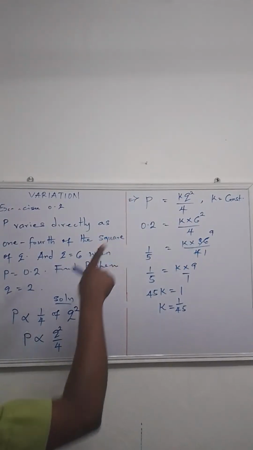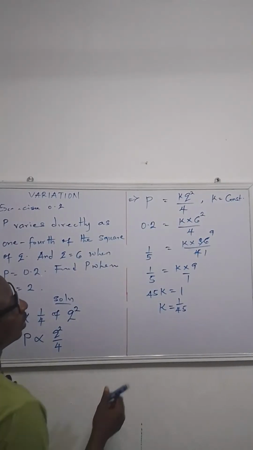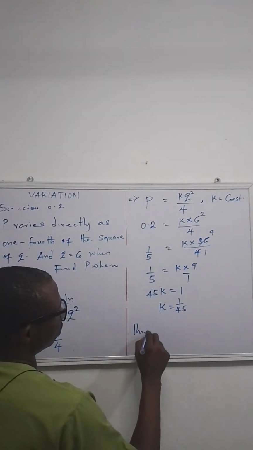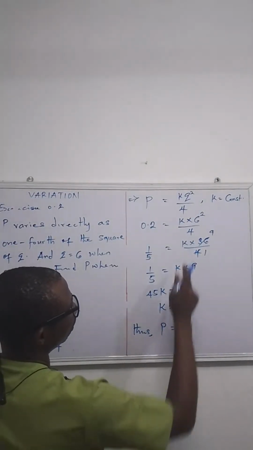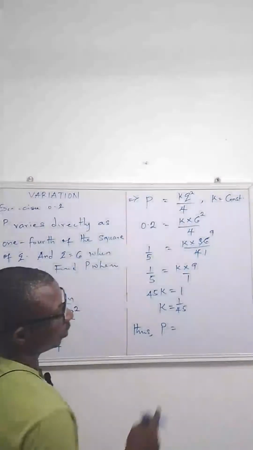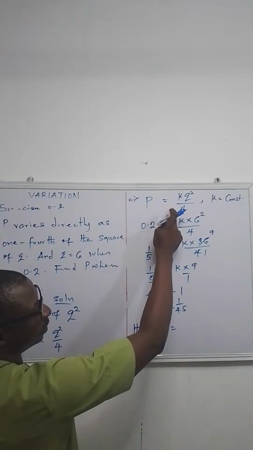And then we can plug that value into this to get the connecting formula. So now we have, thus, P equals, in place of this K, you can put 1 over 45. Don't forget, 45 will be at the denominator here.